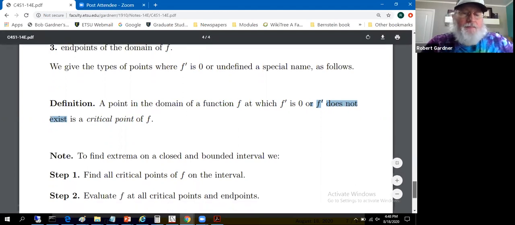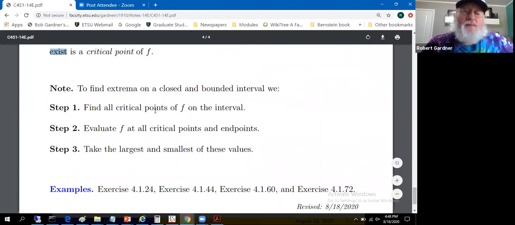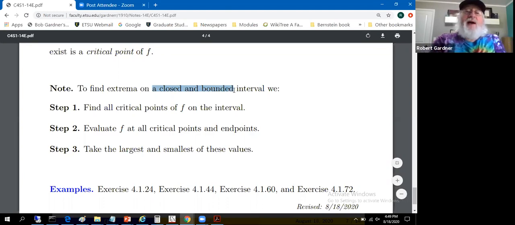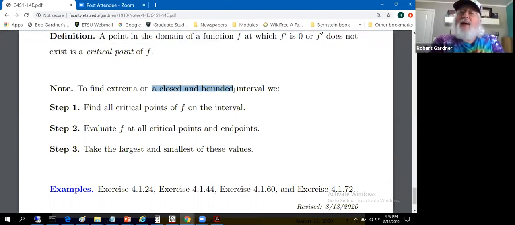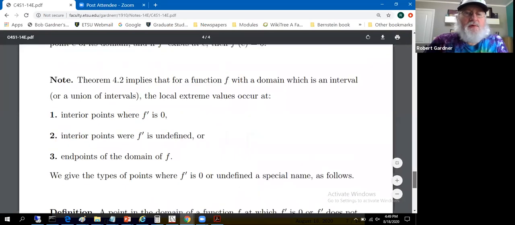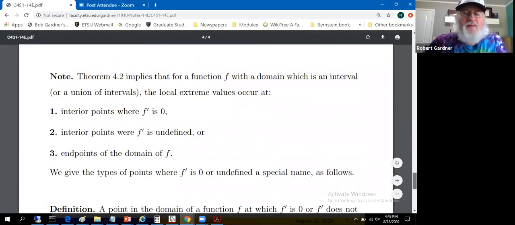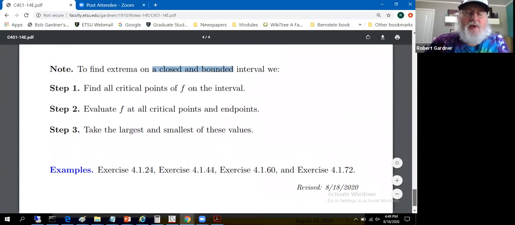So, to find the extrema on a closed and bounded interval, here's what you do. First off, if we've got a closed and bounded interval and a continuous function, then the extreme value theorem says it's got maxes and mins. Theorem 4.2, the local extreme values theorem, that one's not as universally used as the extreme value theorem is.